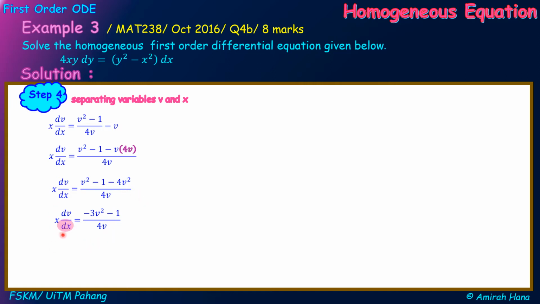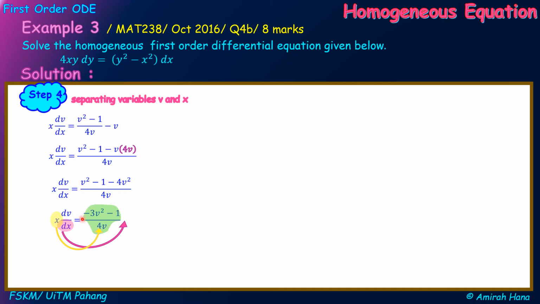Then from here, we can move terms containing x and dx to the right hand side, and we can move the fraction containing v to the left hand side. We move dx to the right hand side, it becomes multiplication. We move x here and it becomes the denominator.